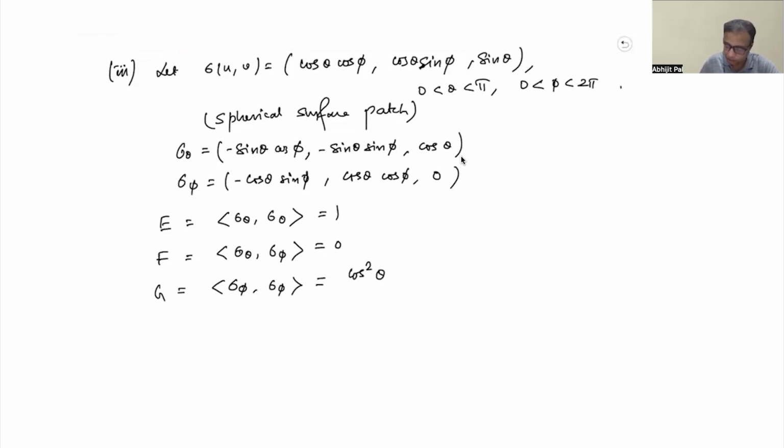So the first fundamental form will be equal to ds square equals d theta square plus cos square theta d phi square. This is the first fundamental form on this surface patch which lies on the sphere. Okay, I'll stop here. We'll continue in the next class.